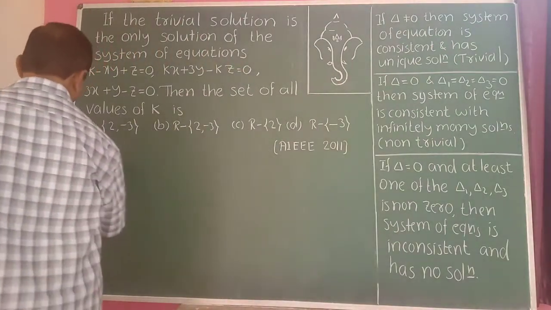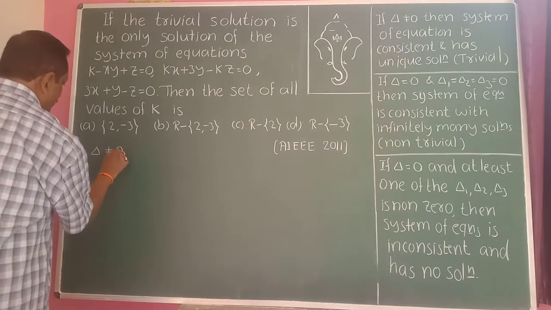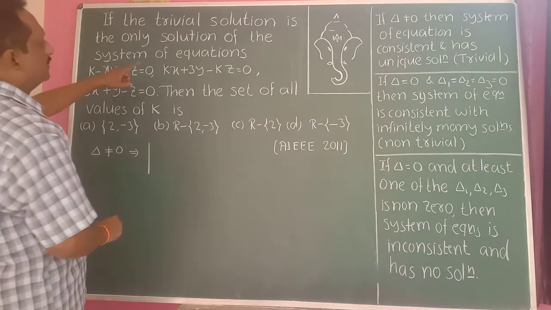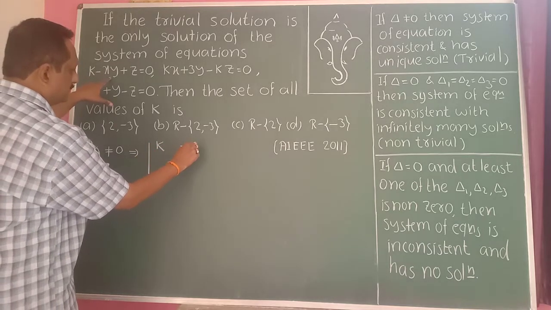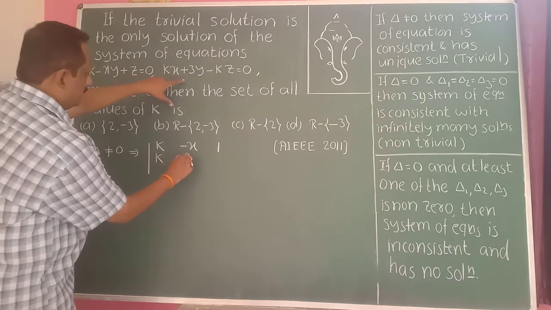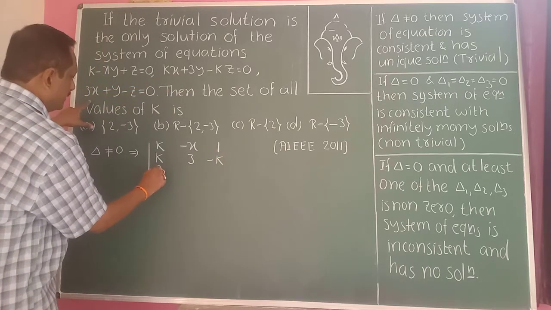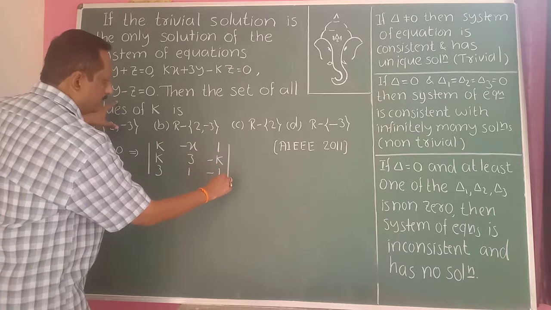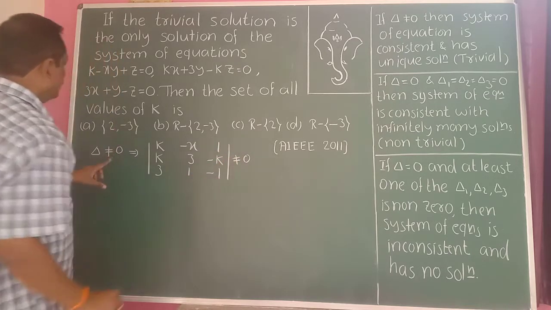Therefore, delta is not equal to 0, which implies the determinant with rows k, -1, 1; 1, k, 3; ... is not equal to 0. Okay, delta not equal to 0.